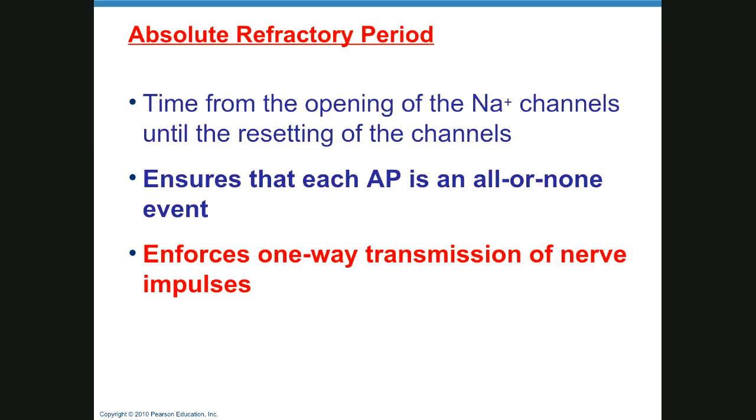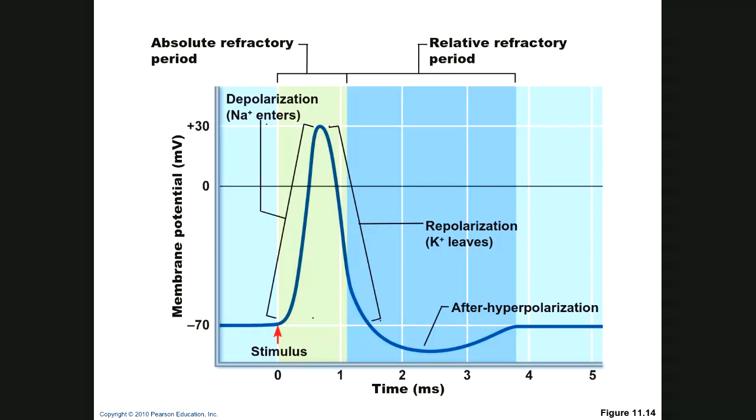So what causes this action potential to move down the axon instead of moving back towards the body, or instead of going in both directions, is this absolute refractory period that the area enters as soon as it finishes, or while it's going through, an action potential.